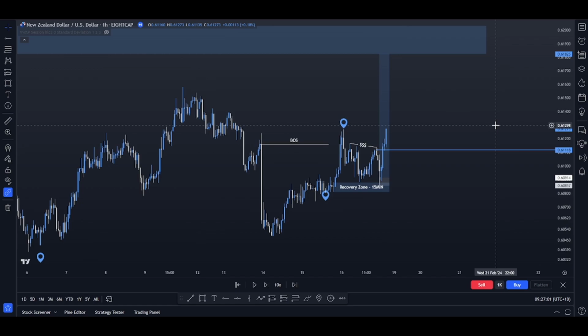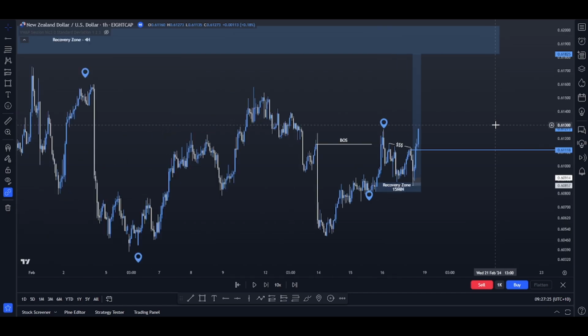So you need to know your risk factors, where there's possible risks in the particular market structure or recovery zones and balances, liquidity. It could be news events, a range of other things. It could be rolling into a different trading session. Whatever it is, you need to have them all predetermined and then enter your position.